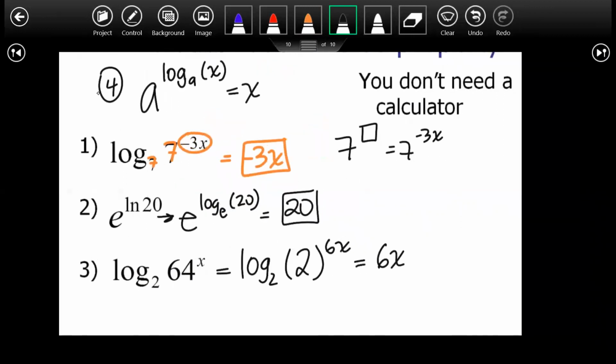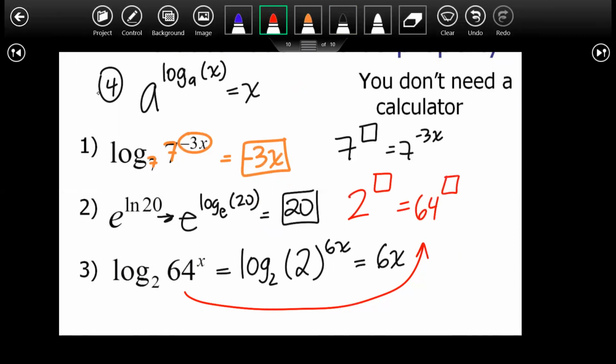Another way you can look at it as well is you can just rewrite this as an exponential. So the exponential term would be 2 to the blank would be equal to 64x. Or you can rewrite it: 2 to the exponent will be equal to 2 to the 6th power of x.